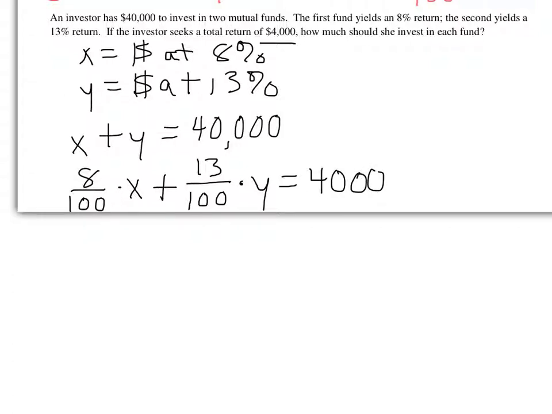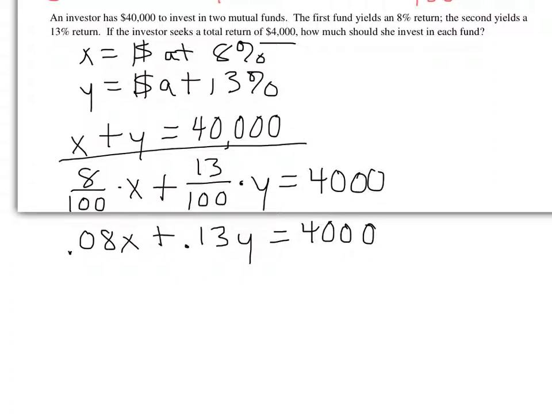We can rewrite this. 8 over 100 is 0.08, times X plus 0.13 times Y equals 4,000. So we have 2 equations. We have X plus Y equals 40,000 and 0.08X plus 0.13Y equals 4,000.